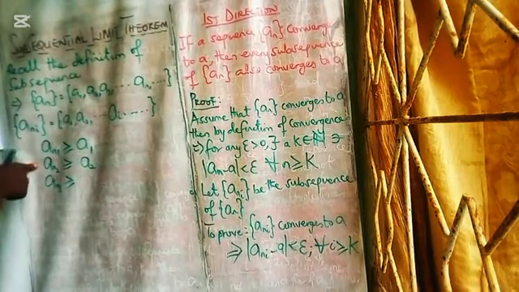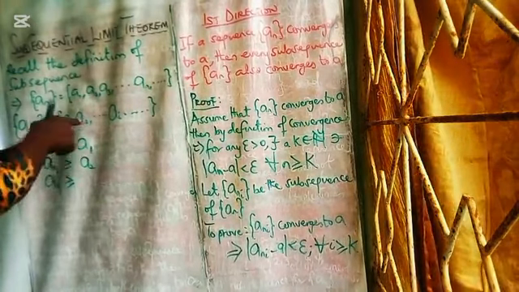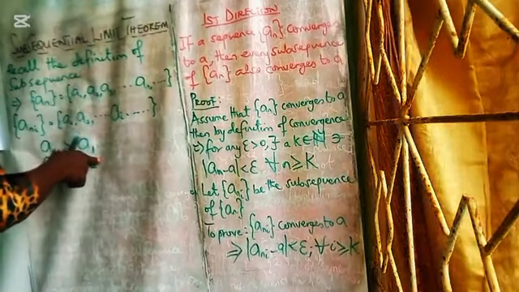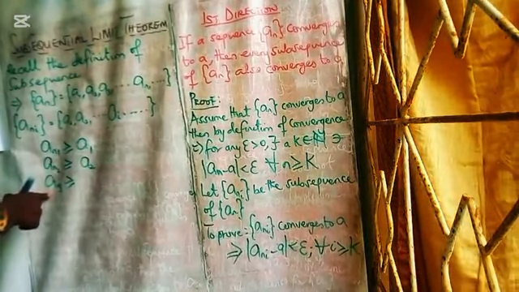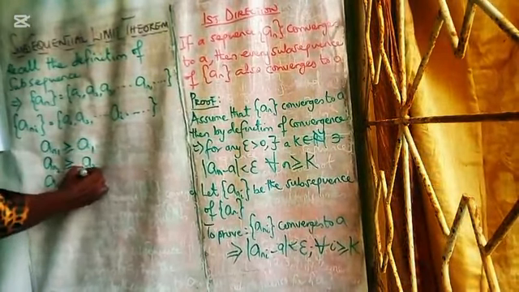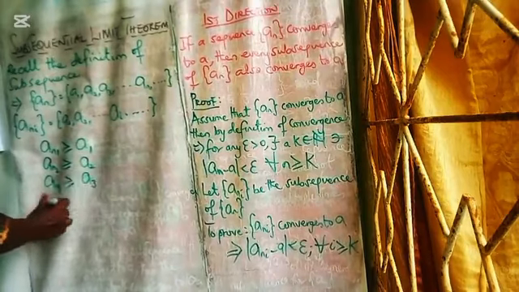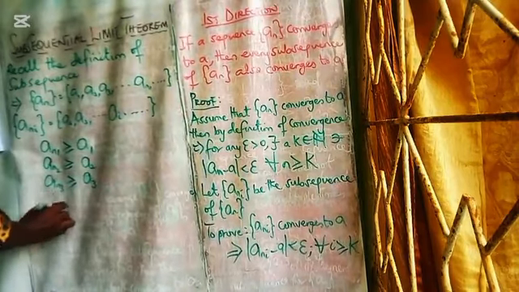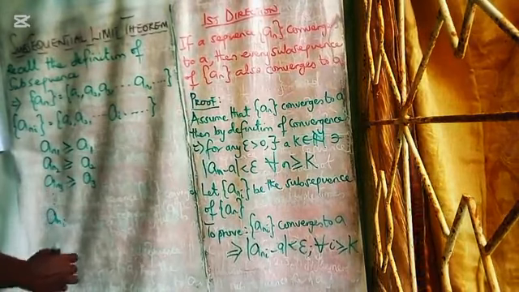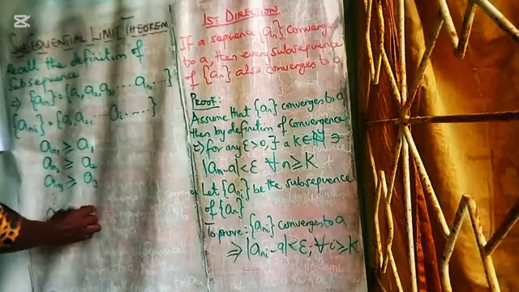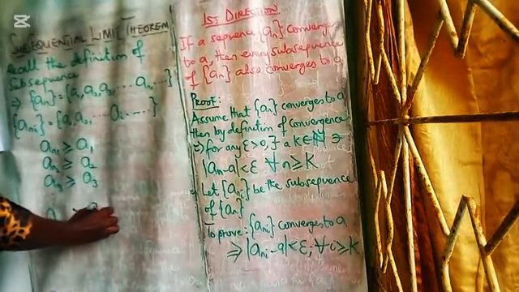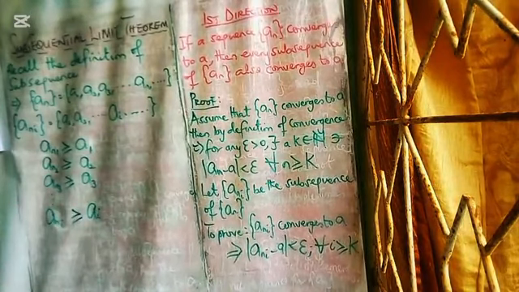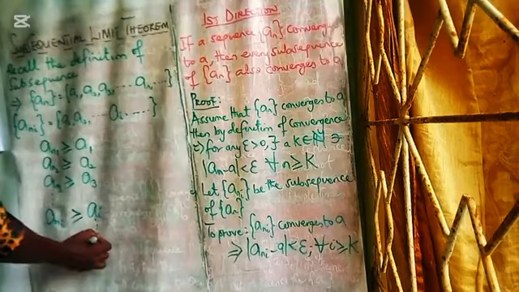The second term of the subsequence is greater than or equal to the second term of the main sequence. The third term of the subsequence is greater than or equal to the third term of the main sequence. Therefore, the ith term of the subsequence will be greater than or equal to the ith term of the main sequence, and this continues.